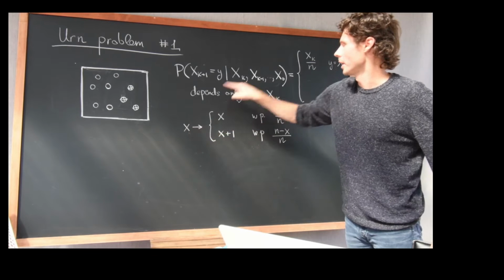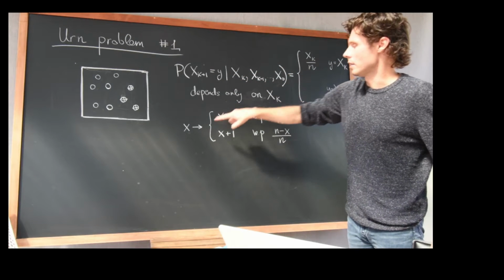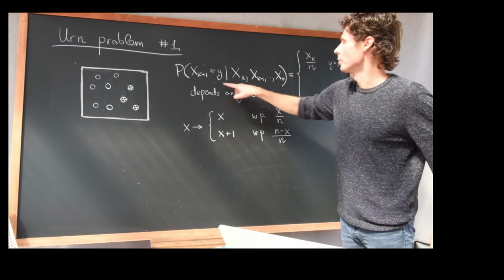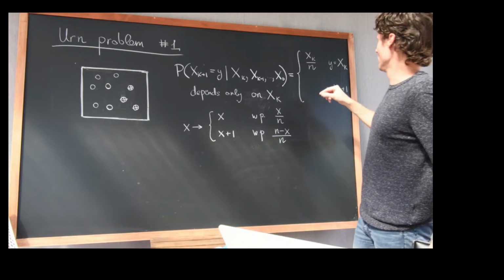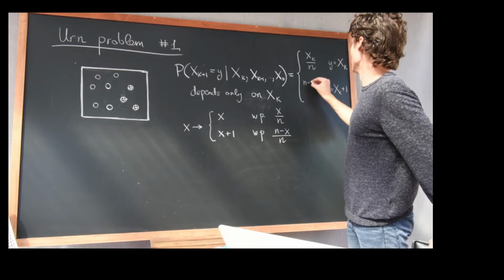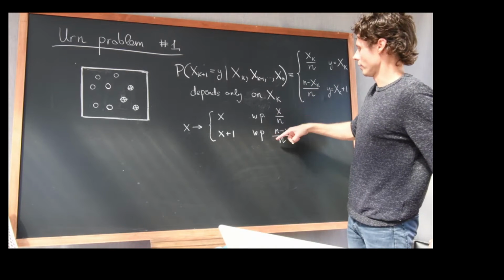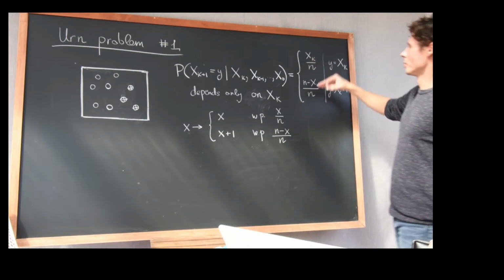That's this transition here. The x here, I'm thinking of it as the current time being k, and this is exactly what we consider here: current time going on to the next step. So y is equal to x plus 1. What's the probability? It's n minus xk over n, copying directly from these 2 lines. So these are my 2 probabilities.